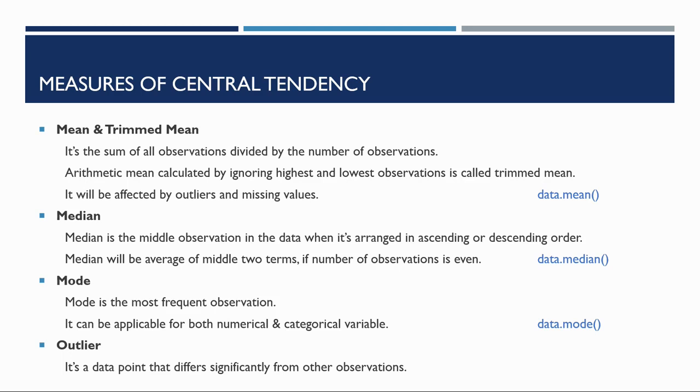It's a single value that describes a set of data by identifying the central position within that particular set of data. It helps us analyze the data, which may be the average of the observations, or a median, mode, or an outlier. Let's say in a data set we have multiple features or observations.